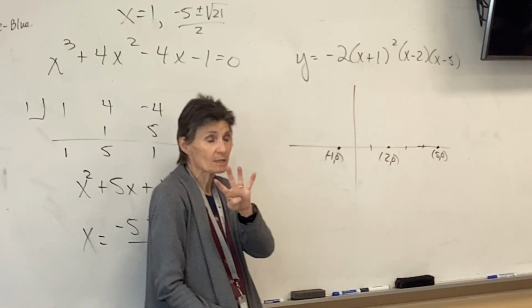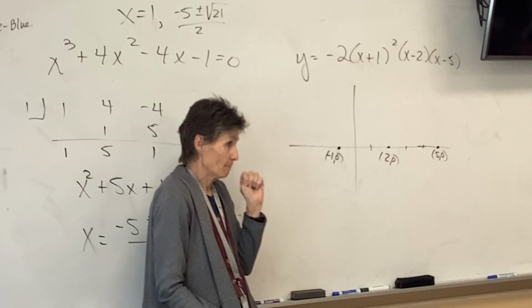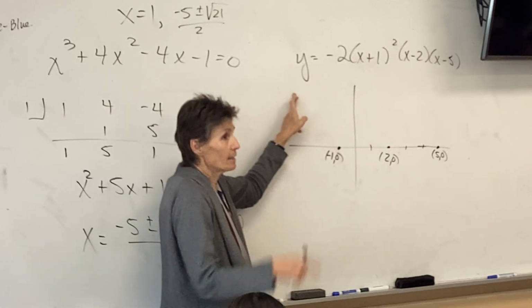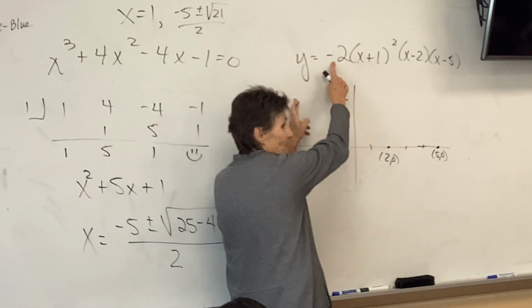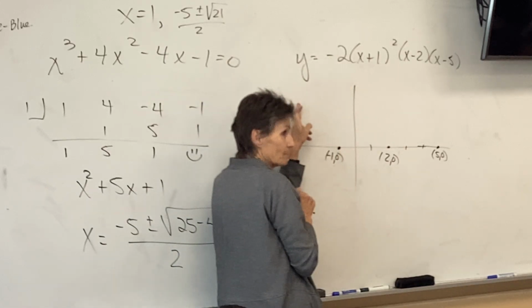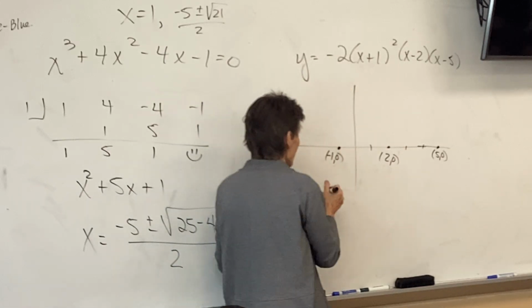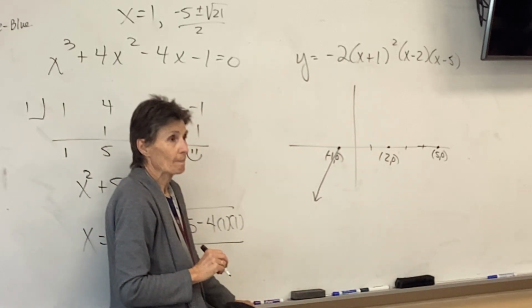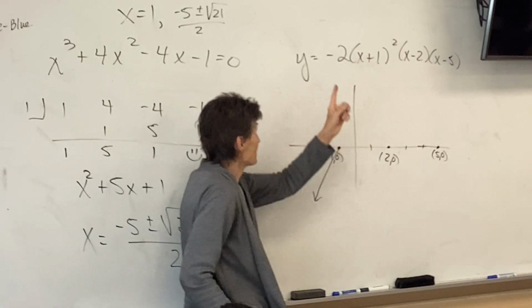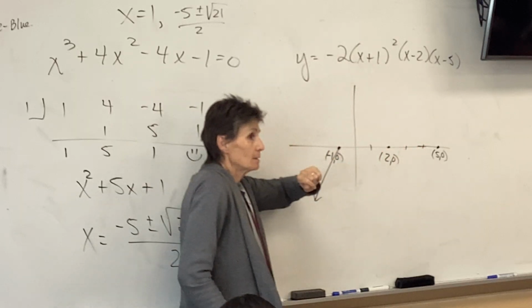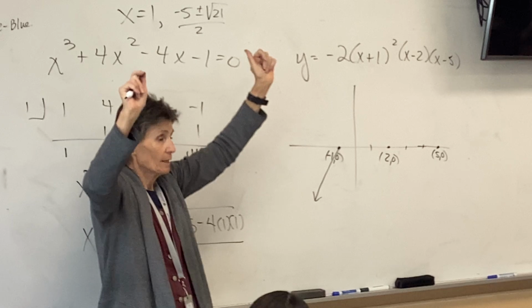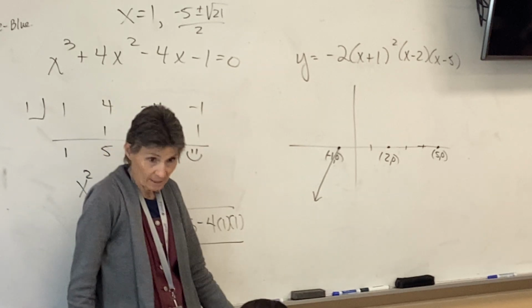That's important, because 4 is even. Even means I start up, except there's a negative, so instead of starting up, I'm going to start down. There are 4 x's in this problem. 4 is even, and this is the way evens are, unless you're negative, and then like this.